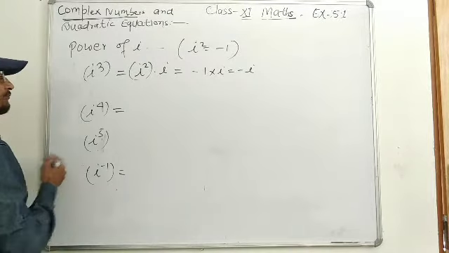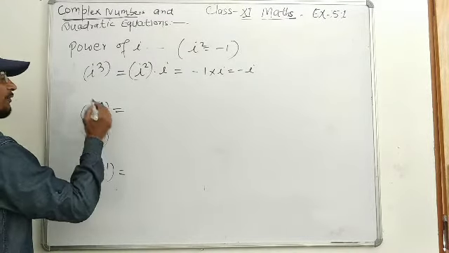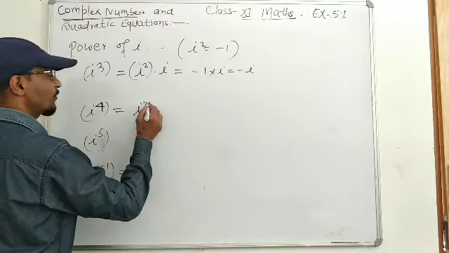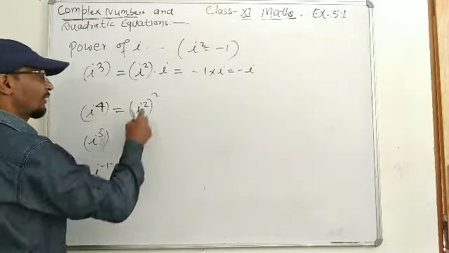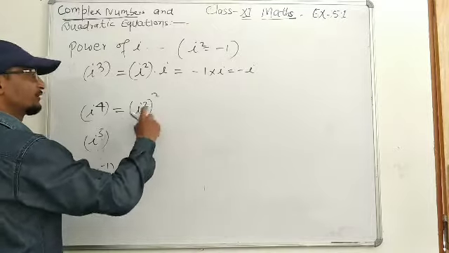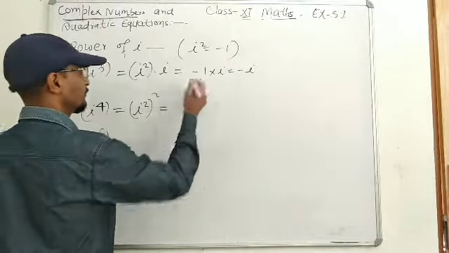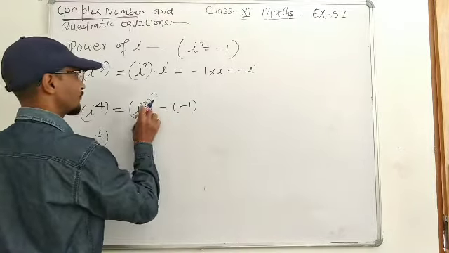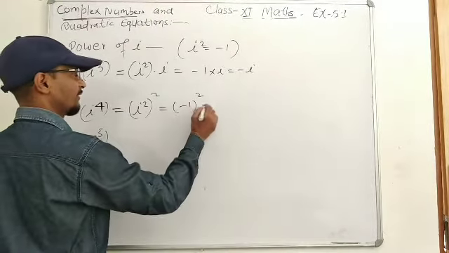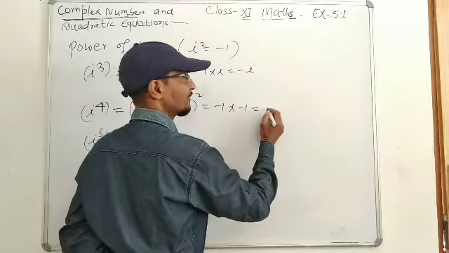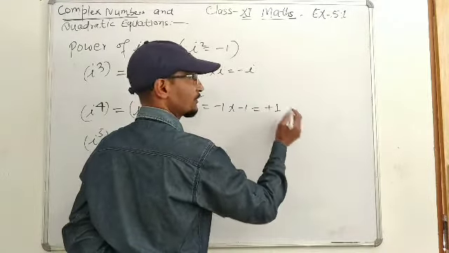In all cases we try to take out i square. So it becomes i square whole square, because power to the power is multiplied, 2 times 2 is 4. The value of i square is minus 1, so minus 1 to the power square. This becomes minus 1 into minus 1, which becomes plus 1. So that is the answer.